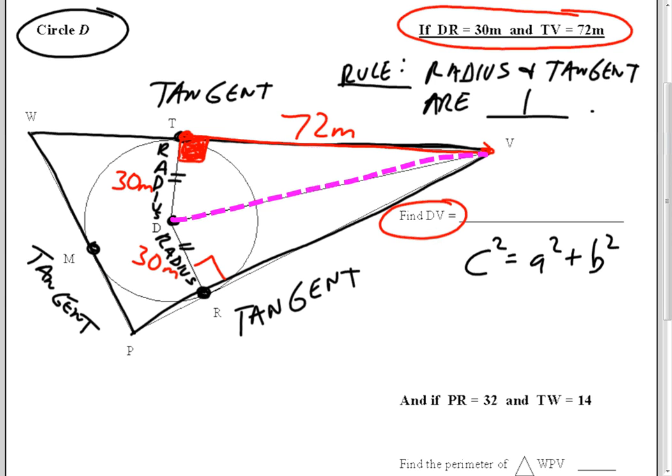Got to bring in your right triangle work now. I've got 30. That's this side right here. I've got 72 here, so I'm really just doing Pythagorean theorem on that. Can you do that right now? Tell me what that hypotenuse from D to V turns out to be.